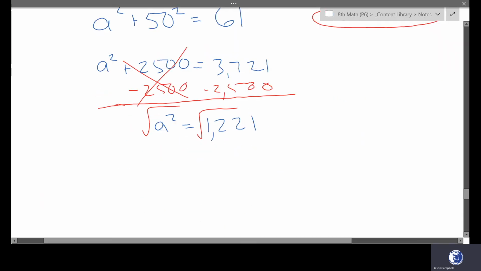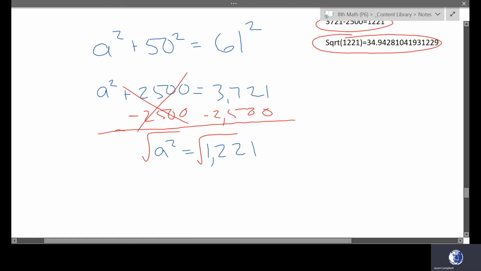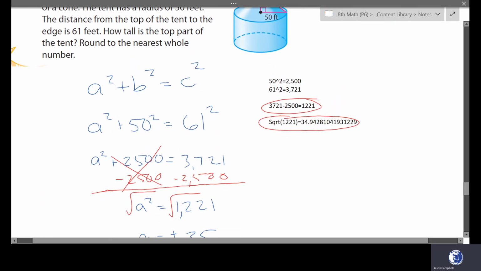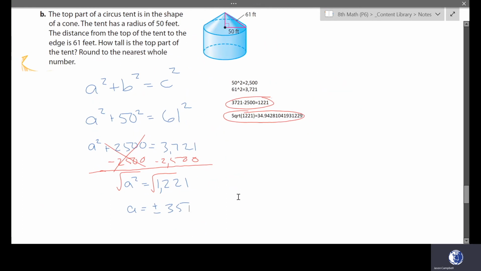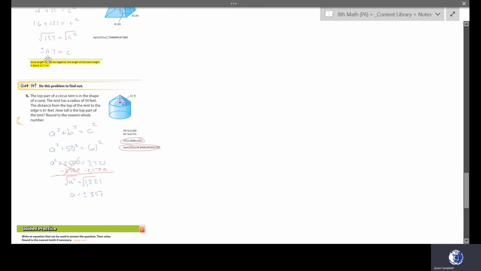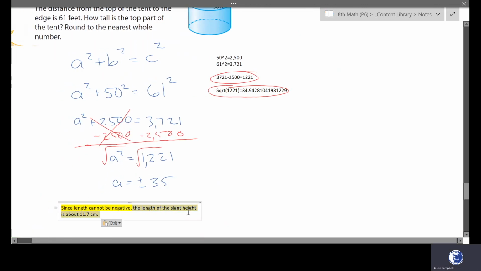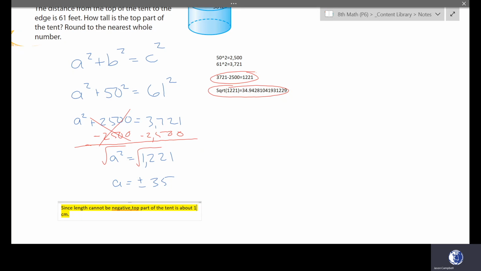And we got A is equal to positive or negative 35. It does say to round to the nearest whole number, so 34.9 rounds up to 35. And we'll say, since length cannot be negative, the top part of the tent is about 35 feet tall.